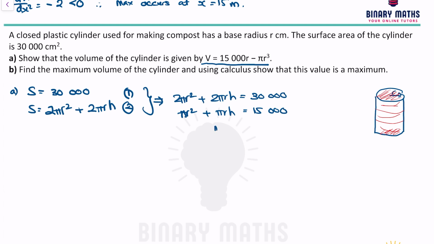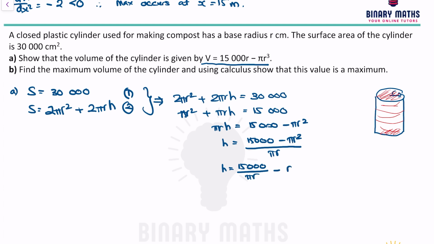So pi r h is equal to 15,000 take away pi r squared. h must be equal to 15,000 take away pi r squared over pi r, which means if I separate the two terms out, I get 15,000 over pi r take away r.